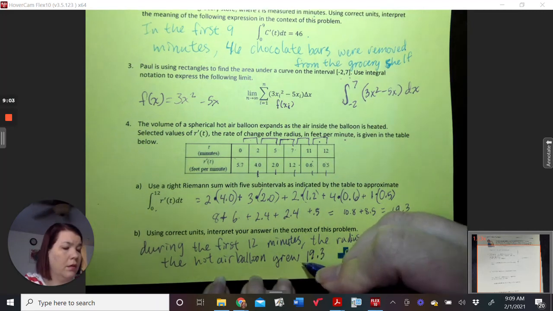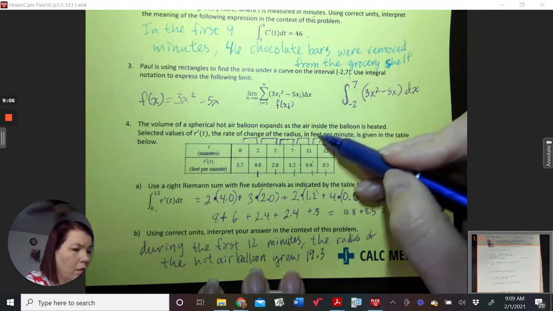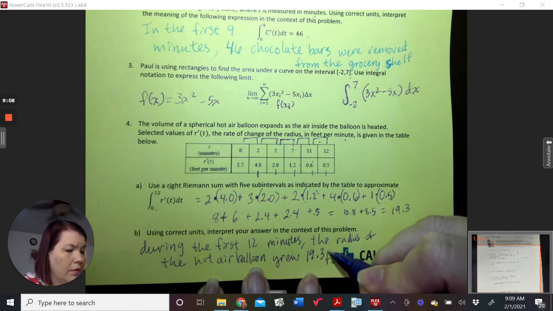Okay. And the units are these two. I'm grading both of those.